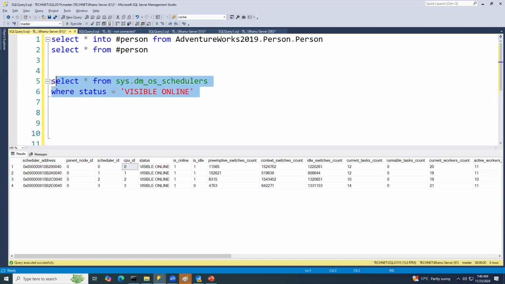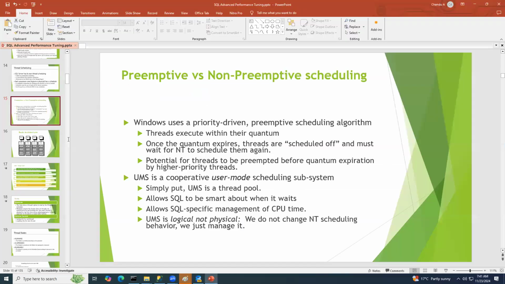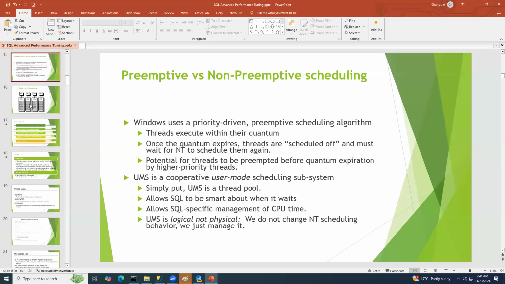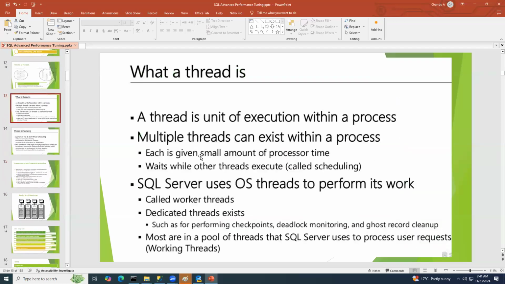Each scheduler will be mapped to one CPU so that your queries will go and execute on the CPU.